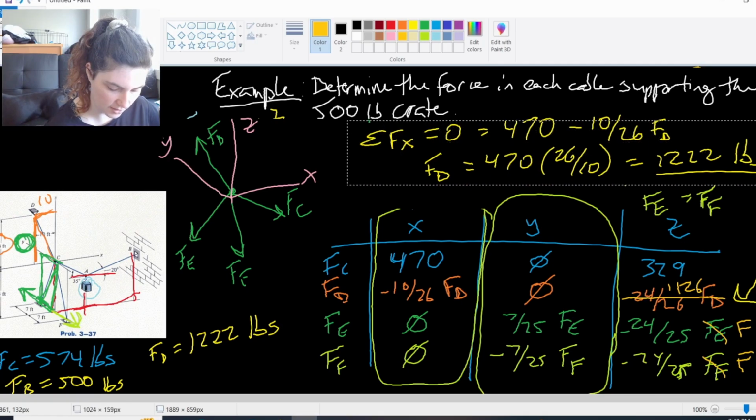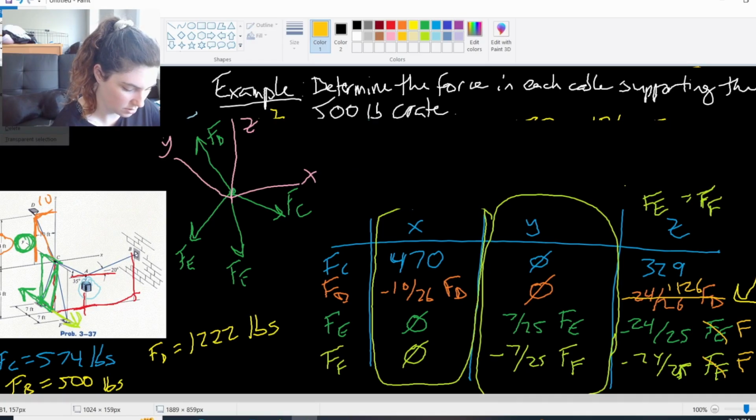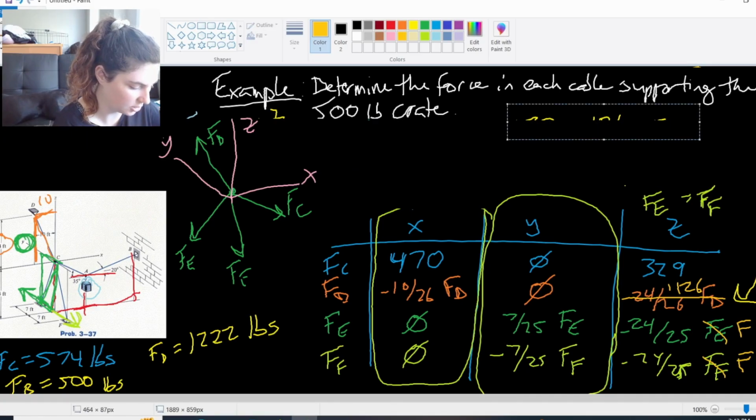So I'll set up my final equilibrium equation, which is adding everything in the z direction.